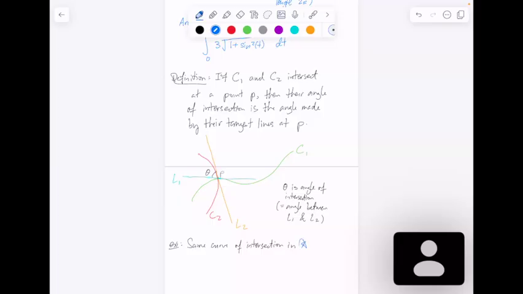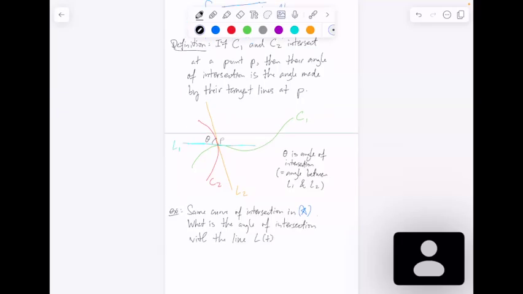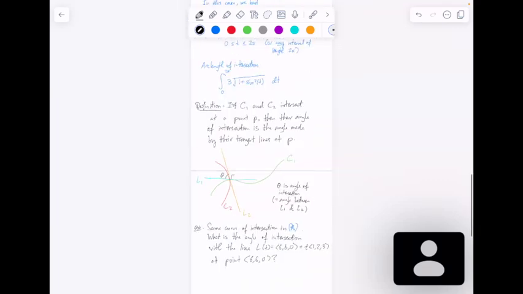Let's do the same curve of intersection in star. It's the same curve we've been working along all this time. So what is the angle of intersection with the line L of t equal to (6,6,0) plus t times (1,2,3) at the point (6,6,0)? So let me remind you, because I guess it's way up in the page here.